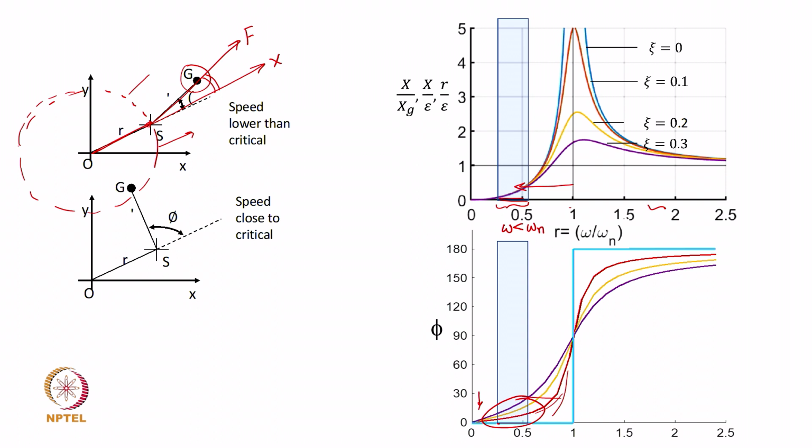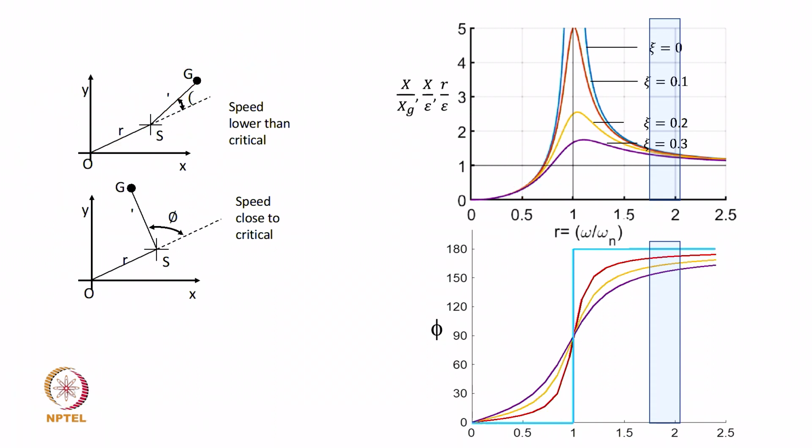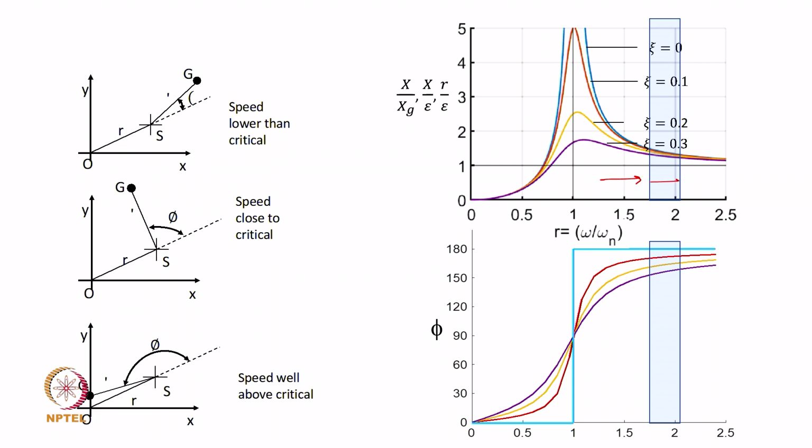Now, on the contrary, if you operate post critical speed, that means you are operating at speeds more than resonance, maybe somewhere here, any speed more than the critical speed, the phase is now going to be obtuse, because you can see that at any speed irrespective of damping, the angle is more than say 150 degrees or so. So, it is close to 180 degrees as the damping reduces.